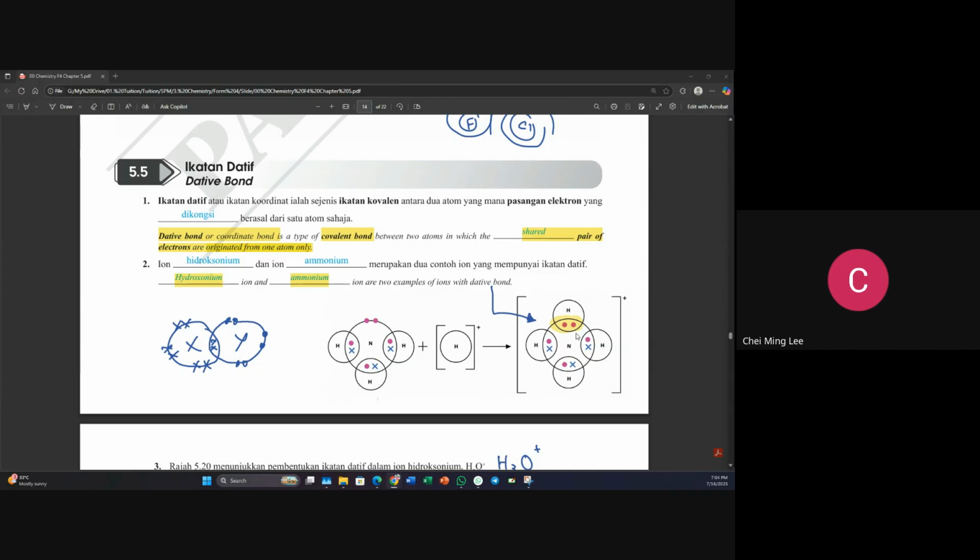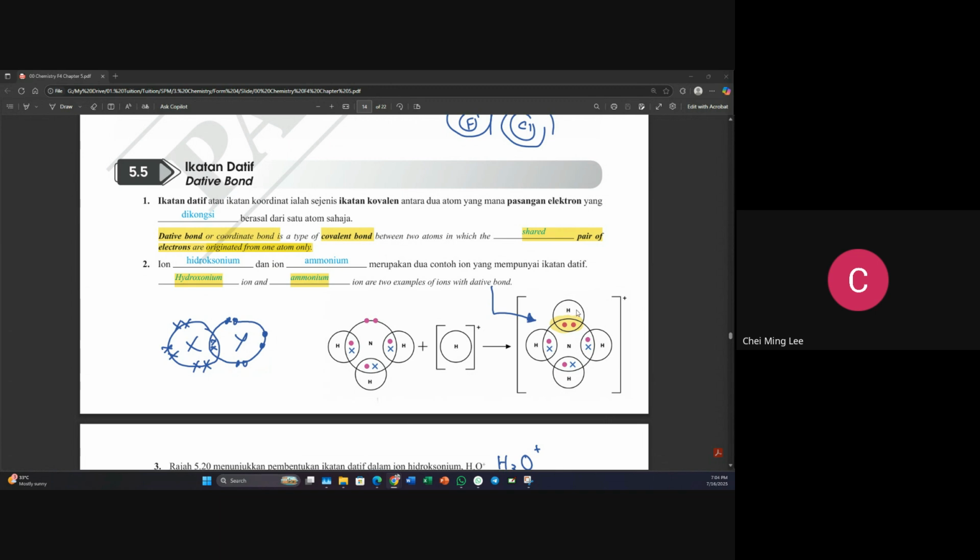Okay, let's say the hydrogen has a positive charge, correct? A positive charge means it will tend to receive an electron to balance it out, correct? Although this one is fulfilled, with a dative bond here, this hydrogen is still positively charged.